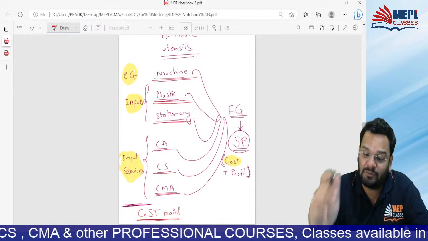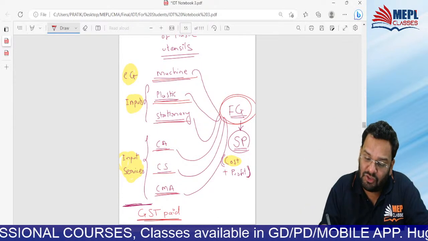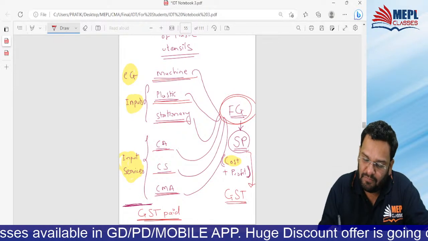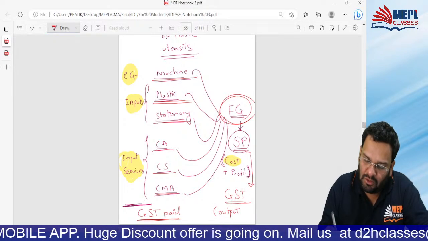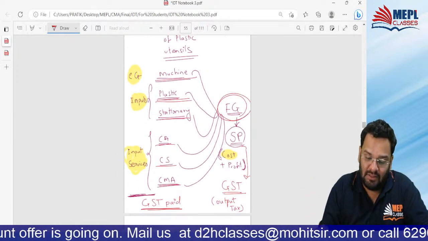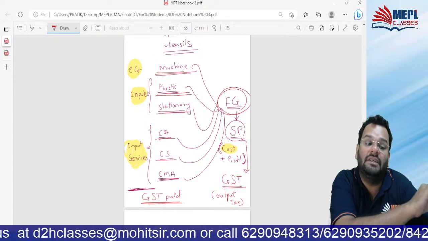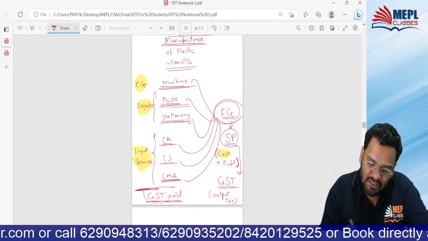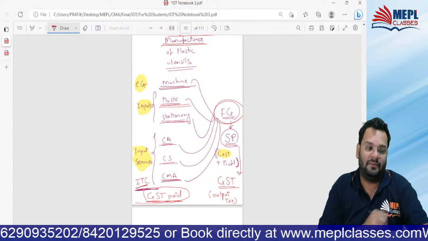All this is for business purpose, which gives rise to finished goods. On that finished goods, selling price, taxable value, there is GST. This GST is nothing but output tax. Now, to pay that output tax, the government says take set off of the tax which you have paid at the earlier stage. That tax at the earlier stage is your GST paid here, which we term as input tax credit.